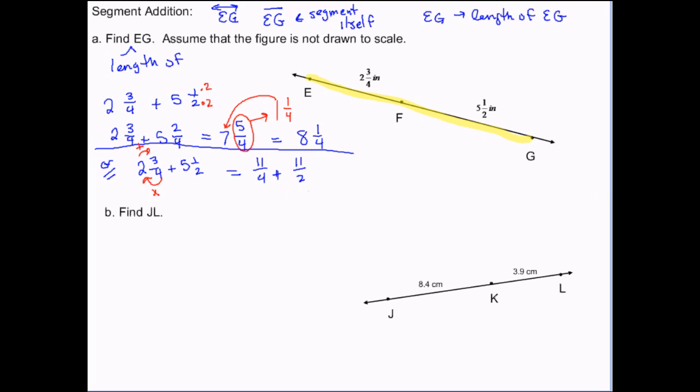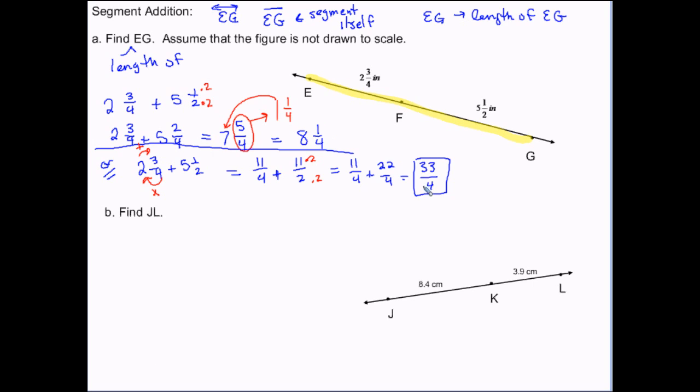I still need to have a common denominator, so I'm going to multiply both of these by 2. So I'll have 11 fourths plus 22 fourths, which will give me 33 fourths, and that's okay. Improper fractions are allowed.